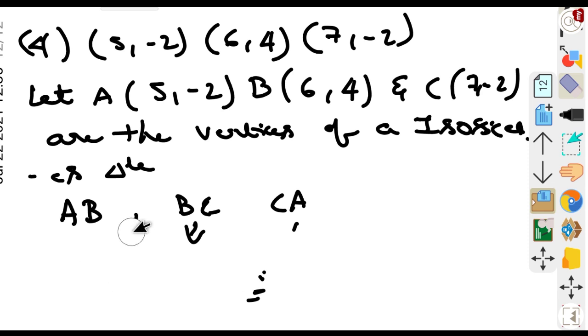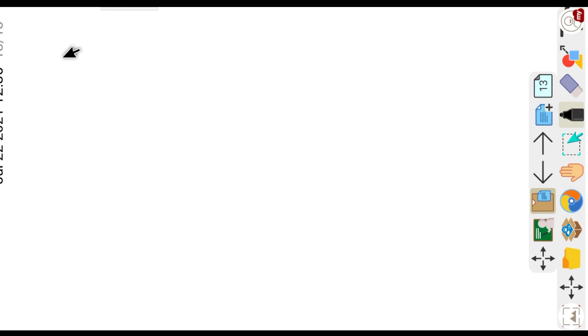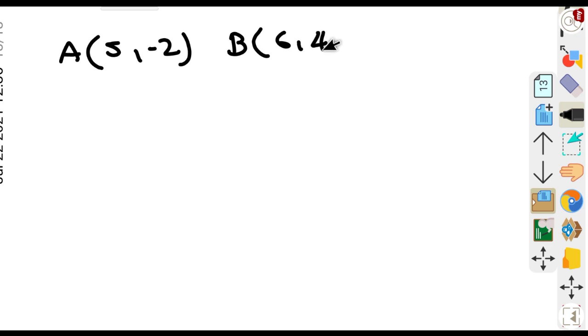Now I'll find the distance between AB first, afterwards I'll move to BC, and next I'll take CA. First I'll take the AB coordinates. The A coordinates they have given are 5 comma minus 2. The B coordinates they have given are 6 comma 4. Correct?